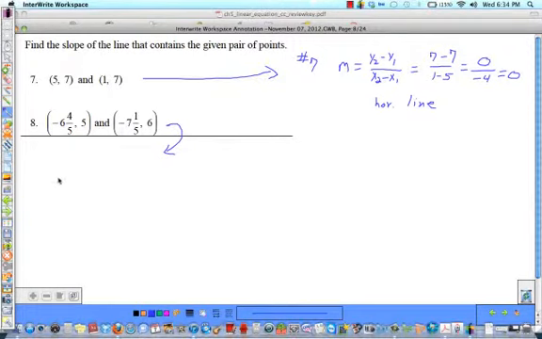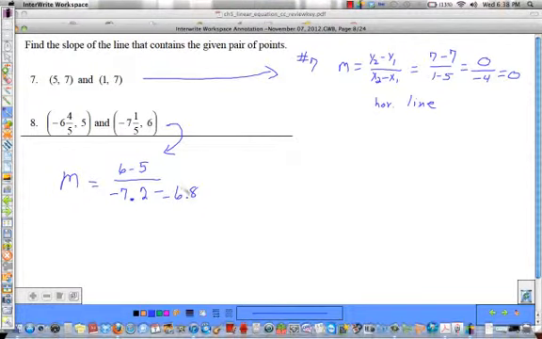Problem 8. Use the same formula. Our y2 is going to be 6 minus our y1, which is 5, over our x2, which is -7 and 1/5. But 1/5 is the same as 2/10, which is 0.2. Then minus our x1, which is -4/5.